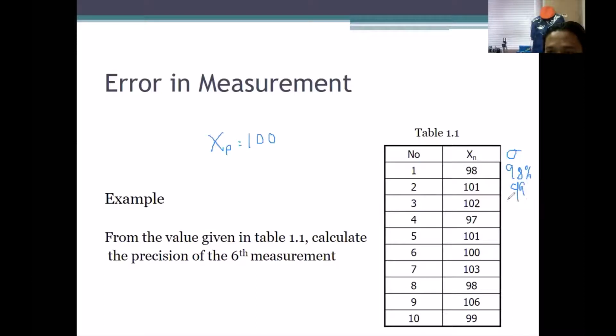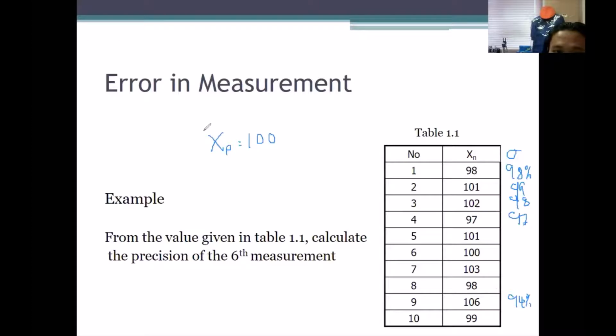Then the third measurement will be 98%, then 97%, then 99, okay, 100% accuracy, then 97%, then 98%, then this one will be 94% accuracy, and the last one will be 99.